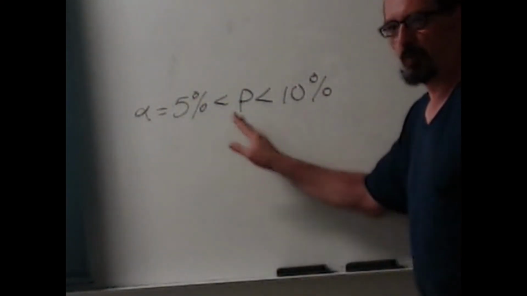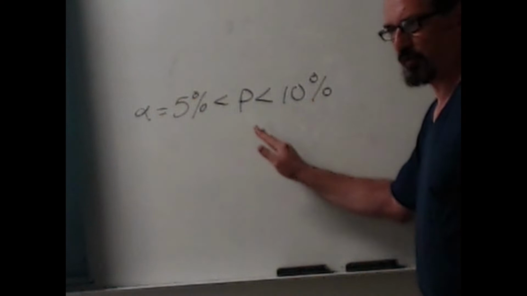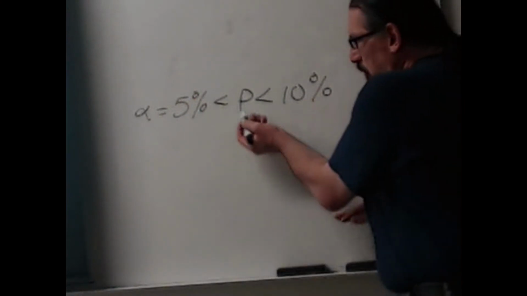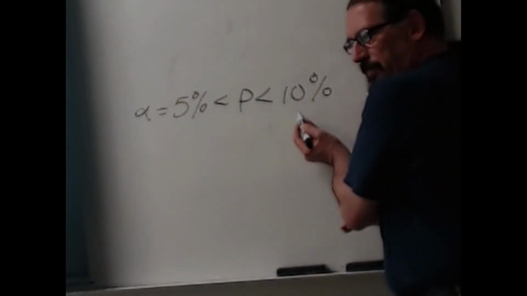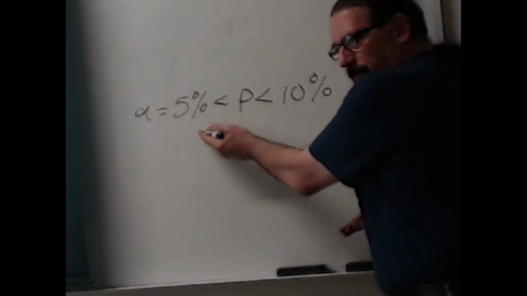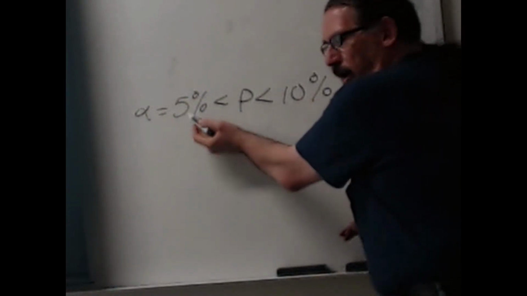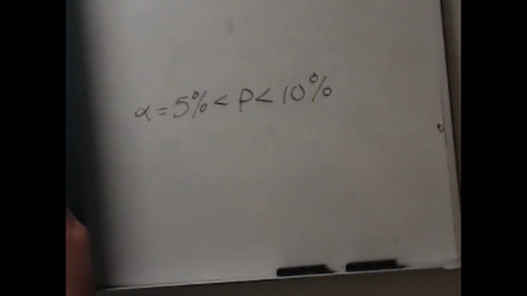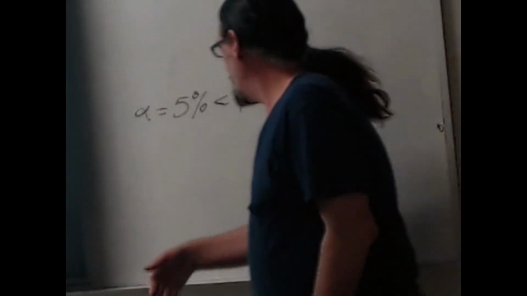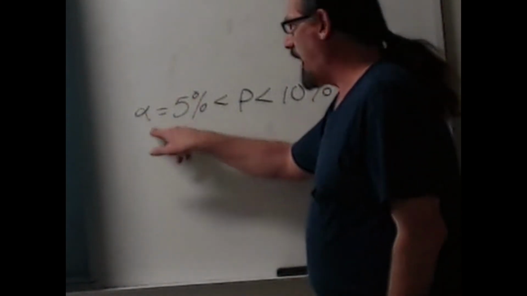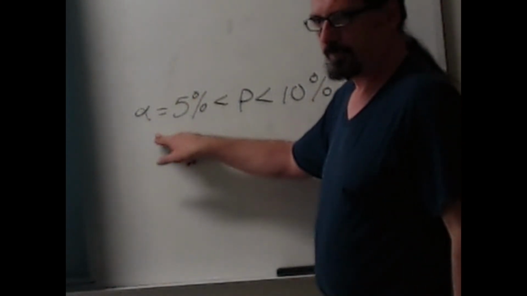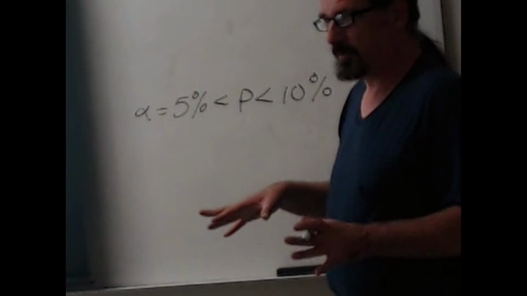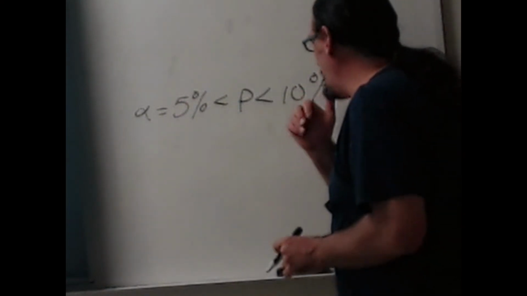A shortcut, I would want you to write both numbers, but then a shortcut after that would be to say, well, if it's in between two values, if it's going to be bigger, then the smaller of the two things we just got from the two-sided P row would have to be at least as big as alpha. And we'll see what to do in the other direction here with our next example.